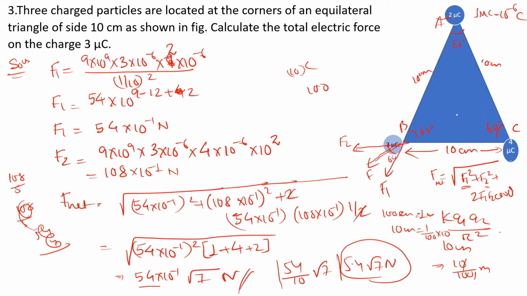Clear? So that's all. Next, if you will have some equilateral triangle, if the magnitude is same. Suppose you are having an equilateral triangle. This angle is 60 degree. These sides are L. These are the three vertices. You already know the net force F is equal to what?